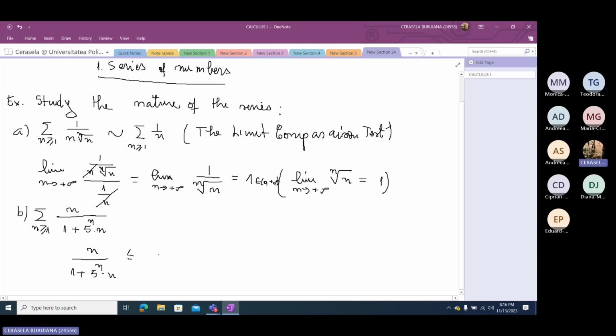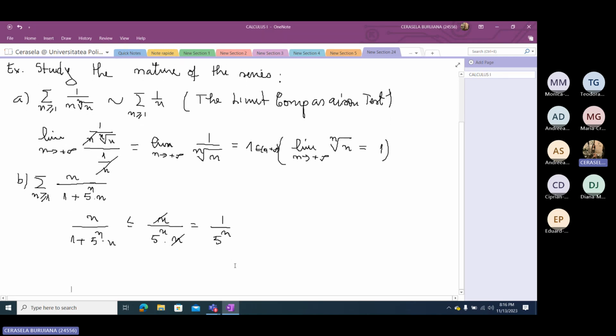Here, this term, I see that it's less than n over how much do you think? It will be 5 power n times n. Do you agree? Yes. But n will go away immediately, and I get 1 over 5 power n.